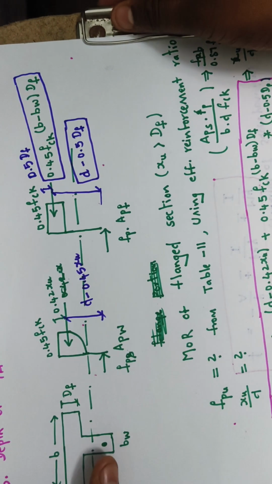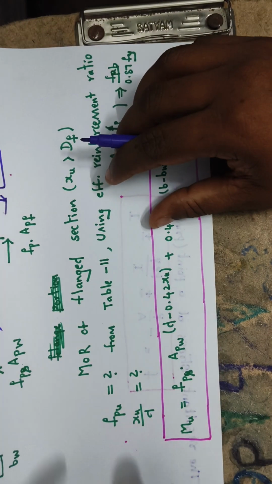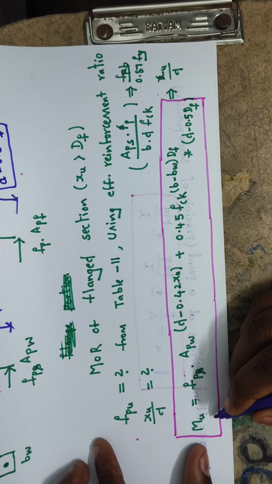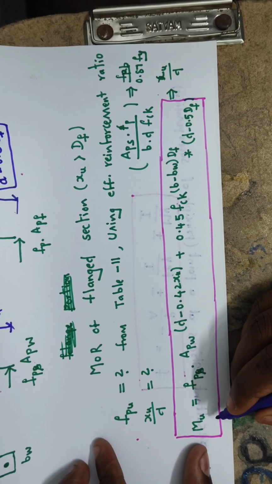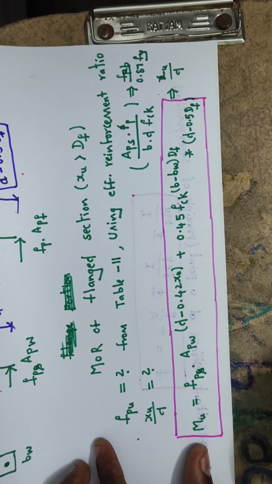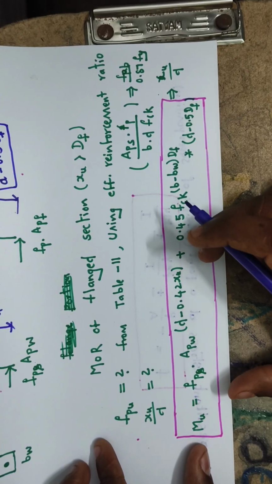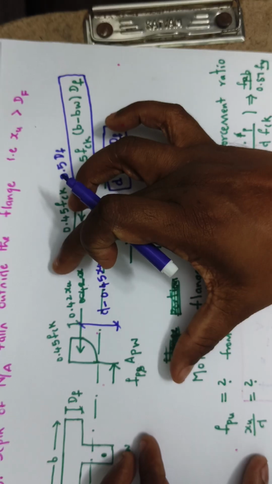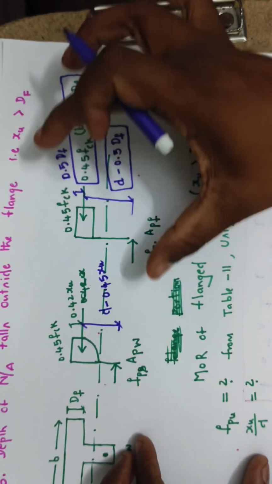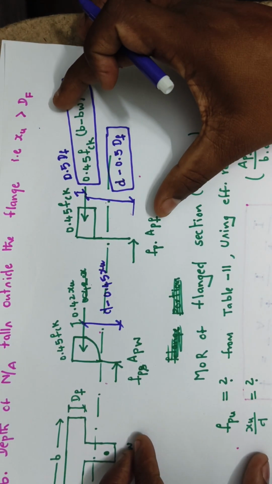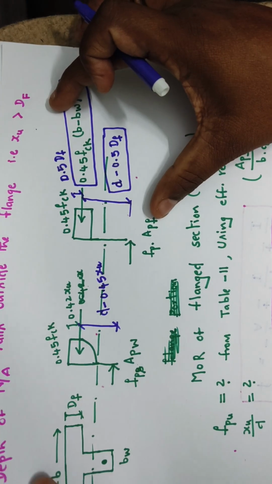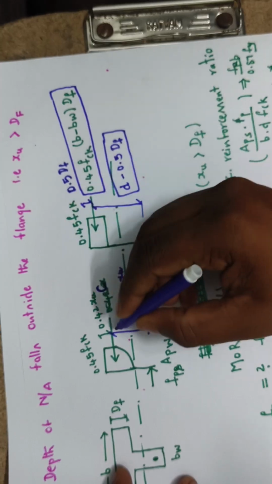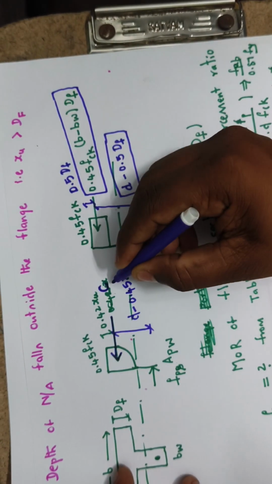Then the new moment of resistance of the section, or ultimate flexure strength of the section, can be calculated. It is the moment of resistance of this stress block diagram plus the moment of resistance of this stress block diagram.